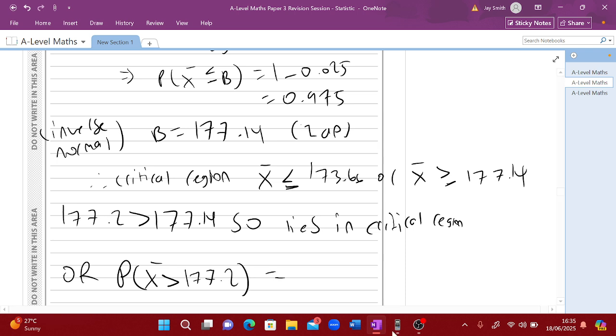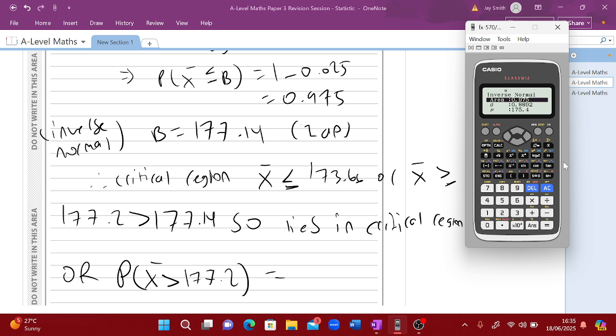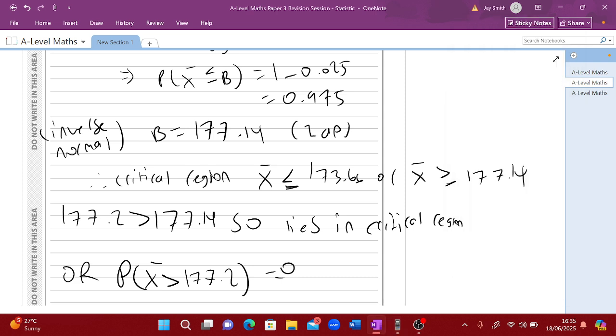Okay, alternatively, if you compute that probability, let's go back to menu 7, the normal CD, so then the lower limit 177.2. The upper again, the mean and the mu will be the same. You get 0.021. So that'd be less than 0.025. So that should also be in the critical region.